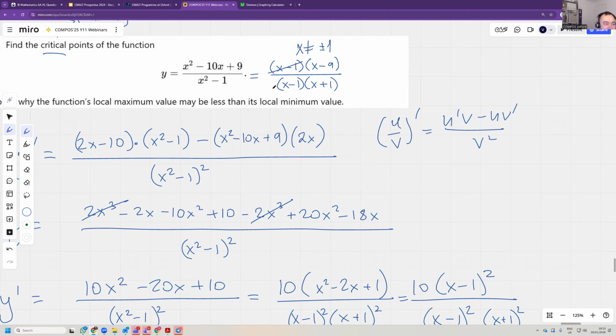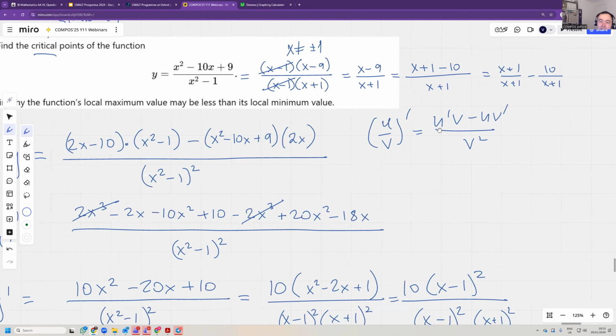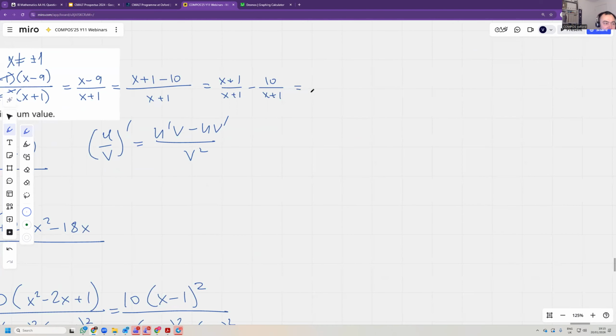Yeah, x minus 1 cancels, and you get x minus 9 divided by x plus 1, which could also be written as x plus 1 minus 10 divided by x plus 1, which is x plus 1 over x plus 1 minus 10 over x plus 1. And therefore, it's 1 minus 10 over x plus 1.